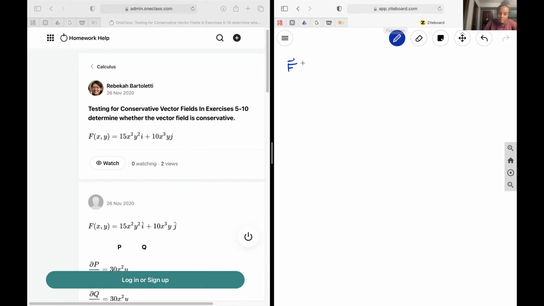So we have that F is equal to 15x squared y squared and 10x cubed y, 0, it's only two-dimensional. Okay, and so the curl is going to be d over dx, d over dy, cross with what I have.